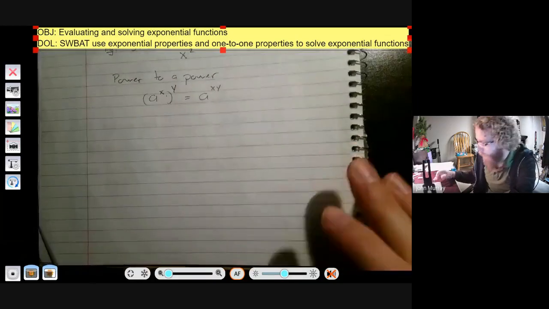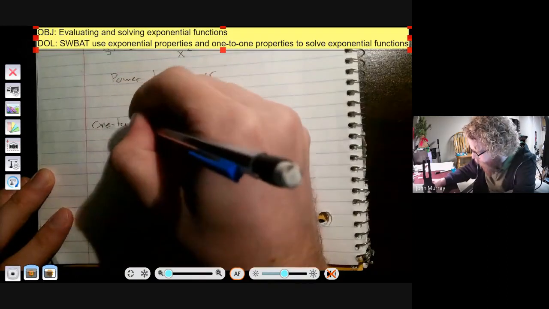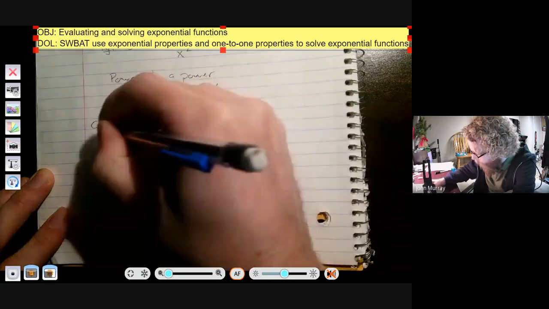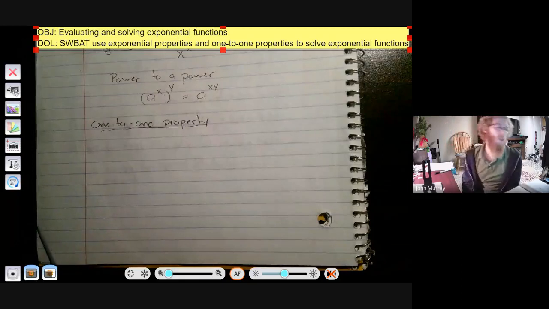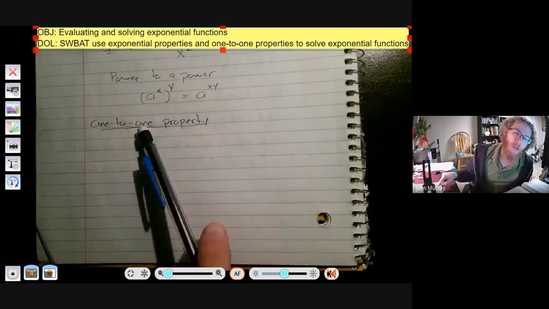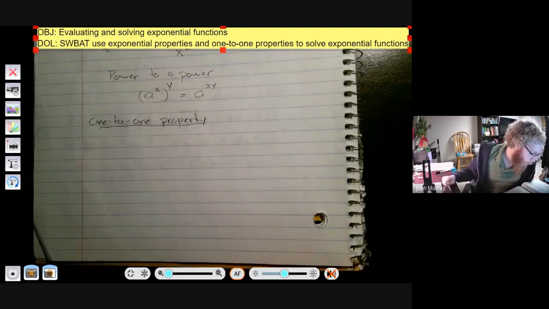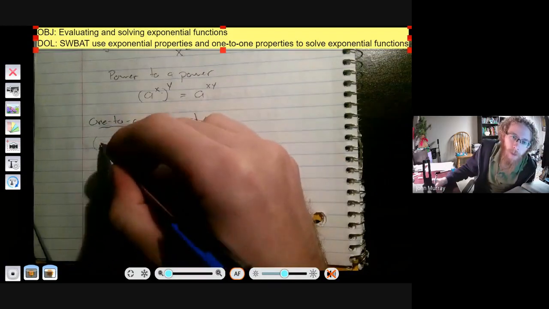Now, one method that we use to help us solve exponents is the fact that exponential functions are one-to-one. Remember, I think we went over one-to-one way early in the year.